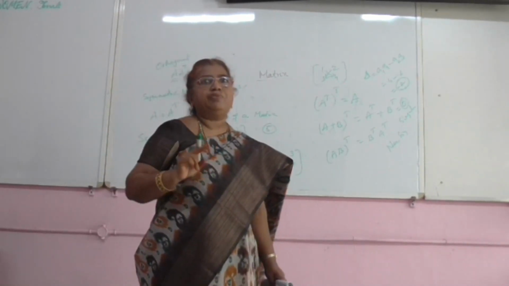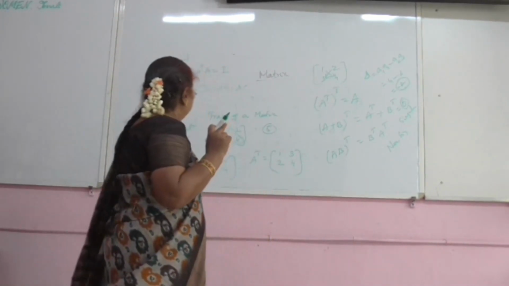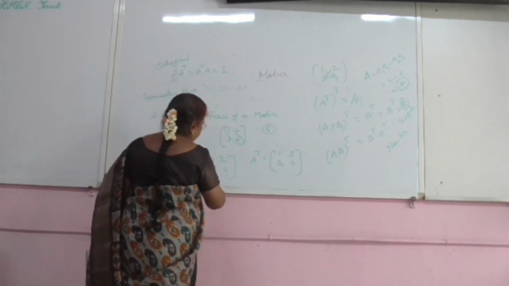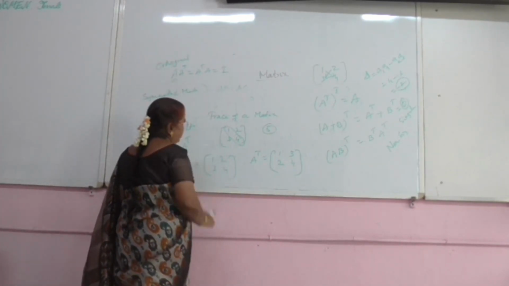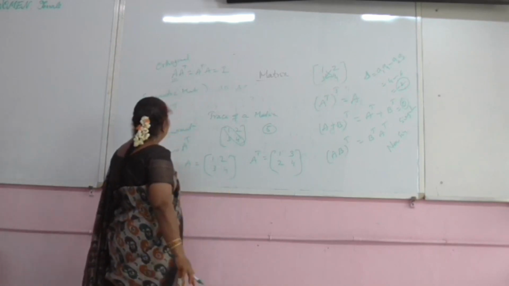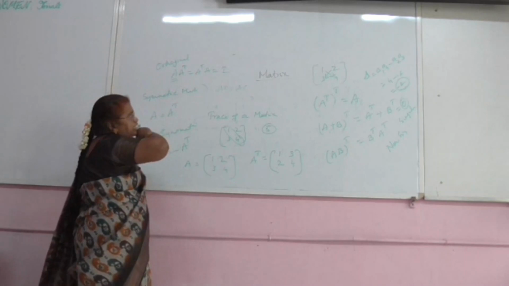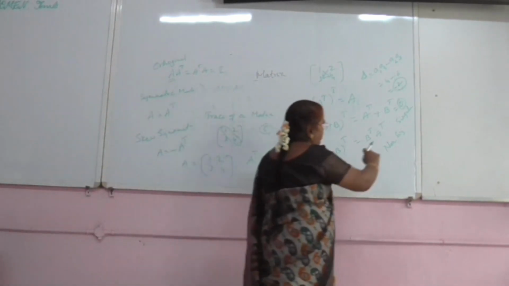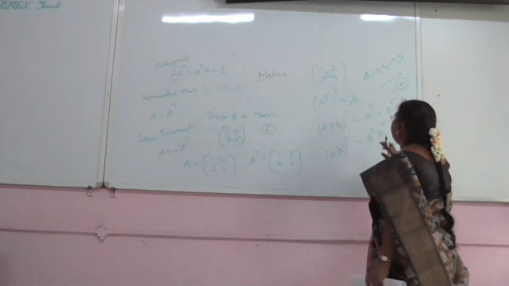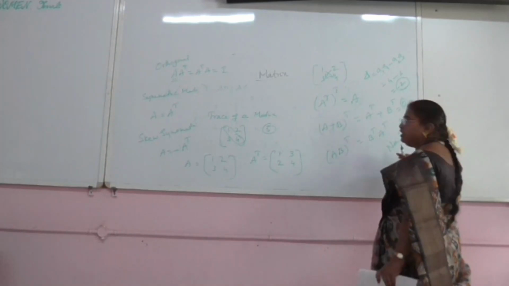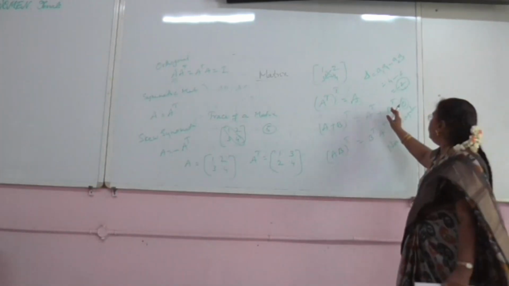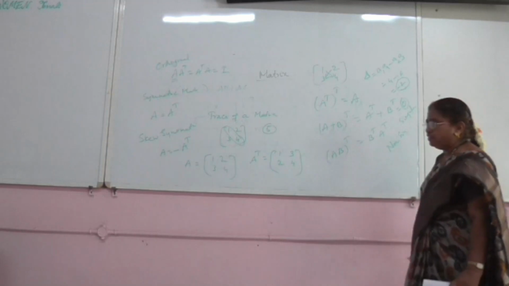Only one column implies column matrix. Square matrix can be symmetric, skew symmetric and orthogonal, and singular and non-singular matrix. If determinant is not equal to 0, then it is called non-singular matrix. Determinant equal to 0 implies singular matrix.